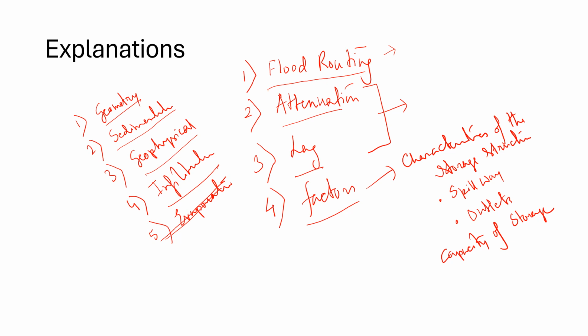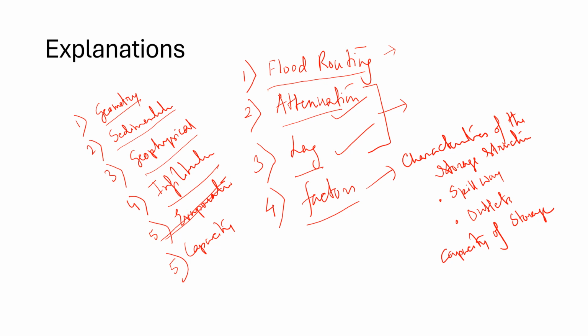And also another thing is the capacity of the storage. If the capacity is more, the characteristic of outflow hydrograph will be different from when capacity of the storage is less, certainly. And by characteristic of outflow hydrograph, I mainly indicate attenuation and lag.